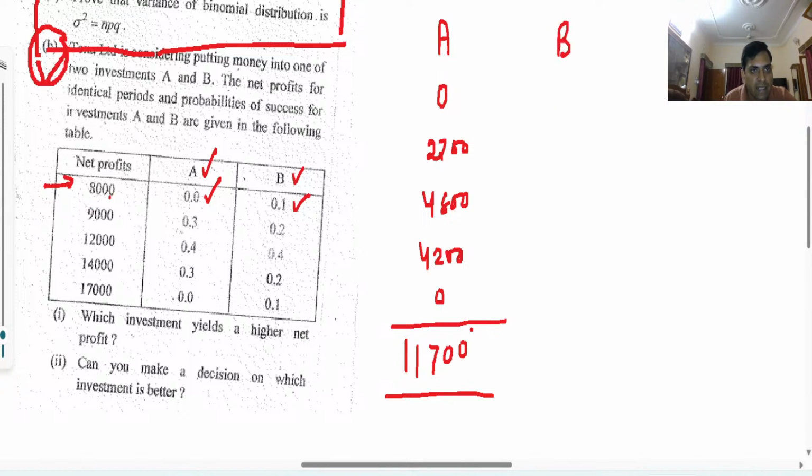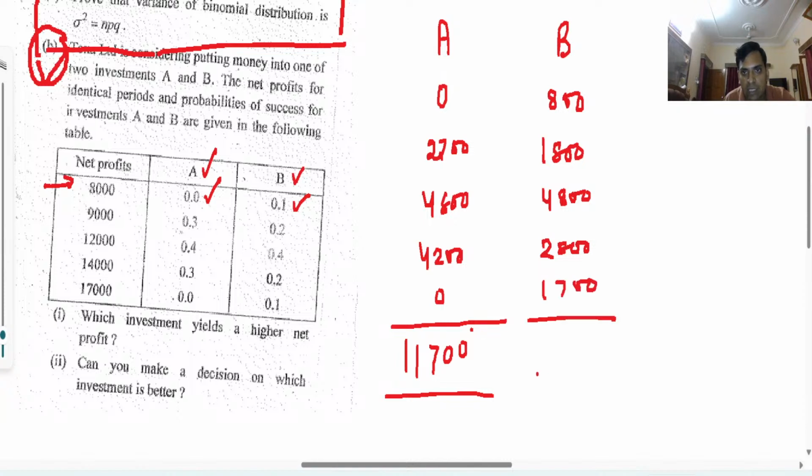So we will multiply 8,000 with the 0.1 probability, which is 800. Second is 9,000 into 0.2, that is 1,800. Then 12,000 into 0.4, that is 4,800. And 14,000 into 0.2, that is 2,800. And 17,000 into 0.1, that is 1,700.